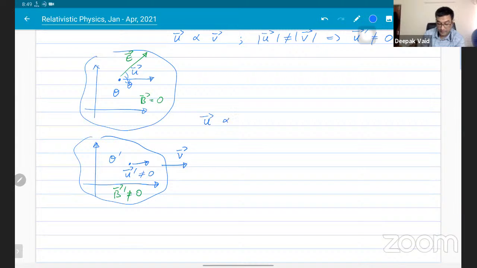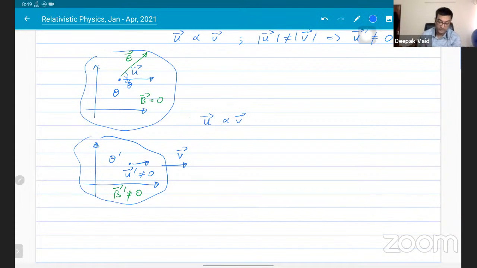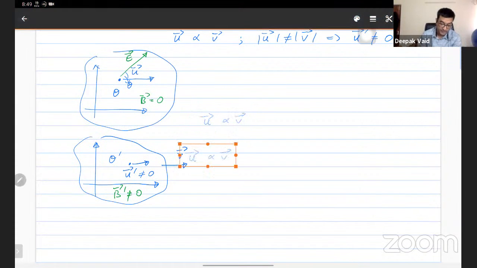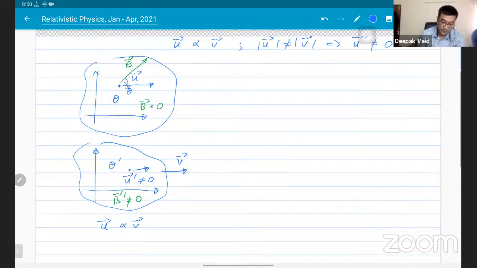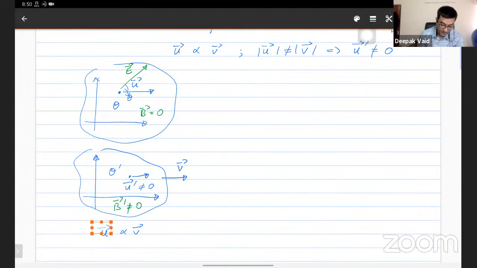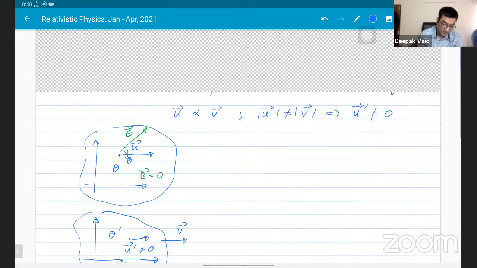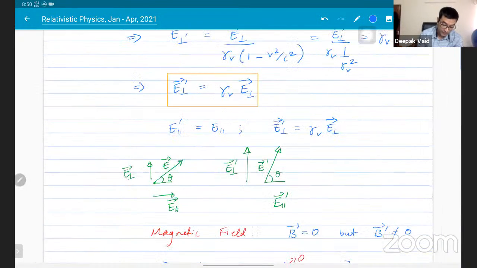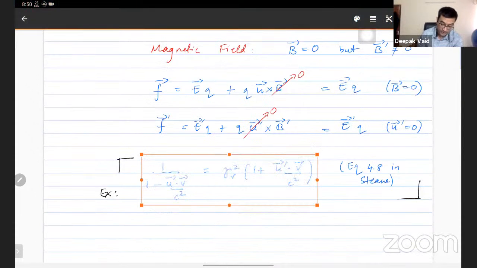U prime is parallel to v prime. I write the proportionality sign because if two vectors are parallel, then you can write one vector as being proportional to the other vector, right? So if u prime is parallel to v prime, we are also going to use this trick, this equation.